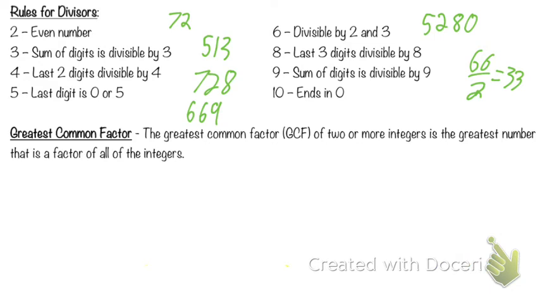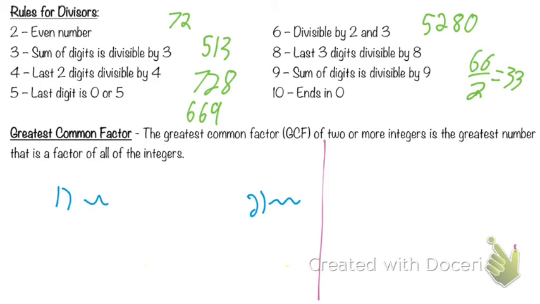You can write it up above, right below where it says the greatest common factor.